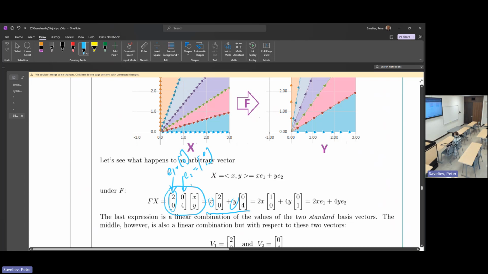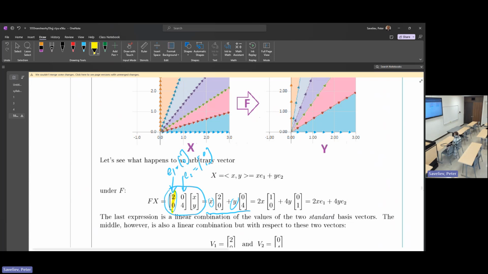We create a linear combination of those two vectors with the coefficients x and y to produce the outcome for any other vector, not just the basis vectors, which happen to be eigenvectors, but also the rest of them. Any vector (x, y) turns out to be just a linear combination of those two, (2, 0) and (0, 4), which can be used as linear combinations to produce the rest.